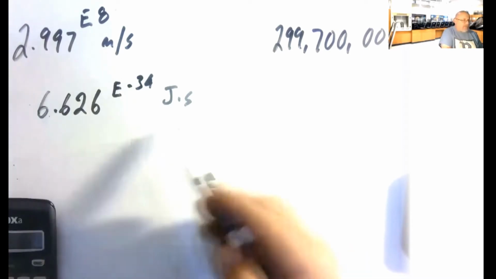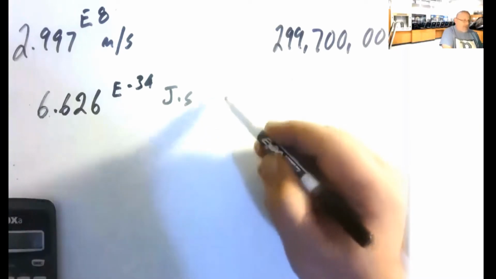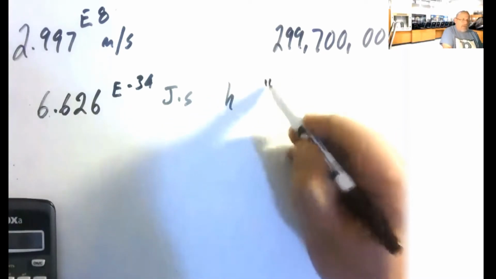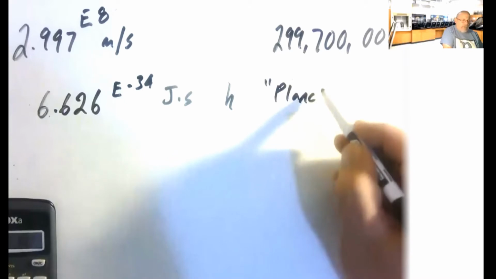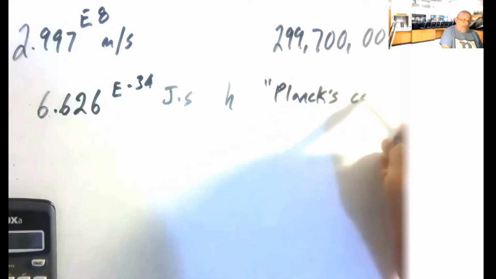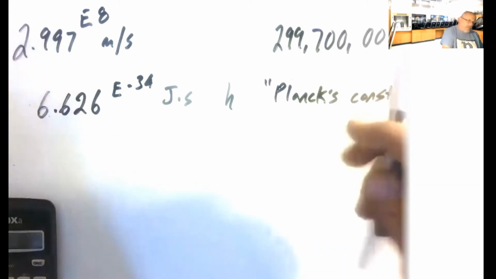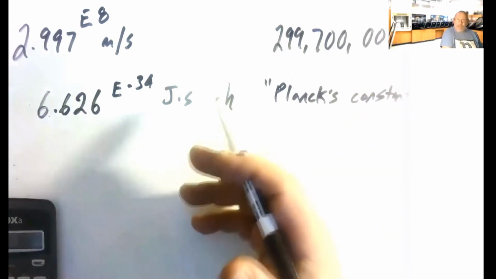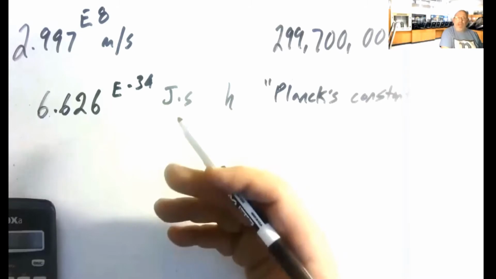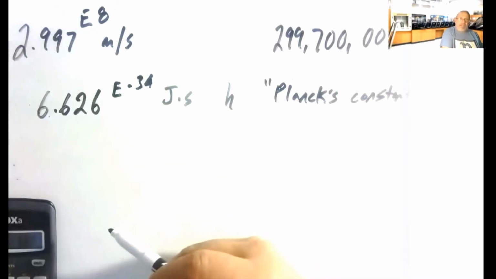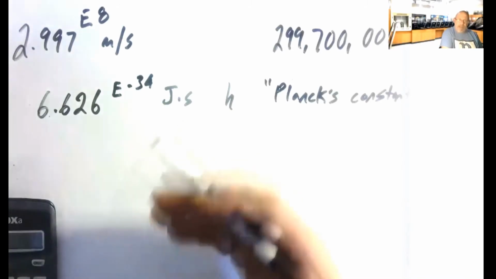Well, what is this? This is not C, this is H, sometimes called Planck's constant, named after a German physicist named Max Planck, who developed it by doing actual observations of the energies given off by the hydrogen atom.